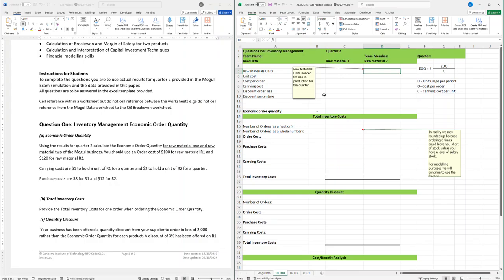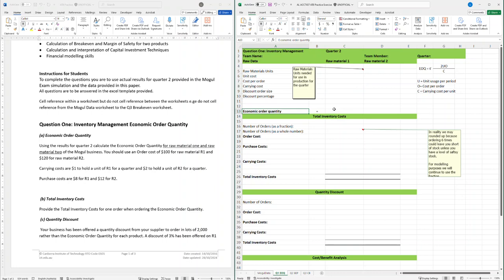That's why I put it side by side. On the left, you have the questions, and on the right, you have the answer Excel template, so that you can just plug in the information from the Word document to the Excel spreadsheet accordingly. So let's get started.